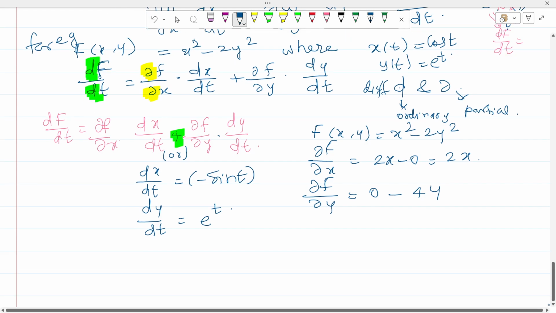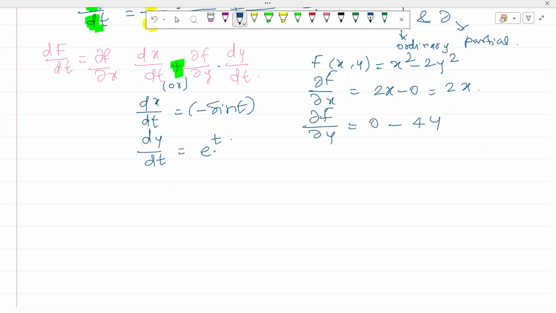Therefore you have to substitute all the values in the formula. df by dt equals dou f by dou x, which is 2x, into dx by dt, which is minus sin t, plus dou f by dou y, which is minus 4y, into dy by dt, which is e power t.